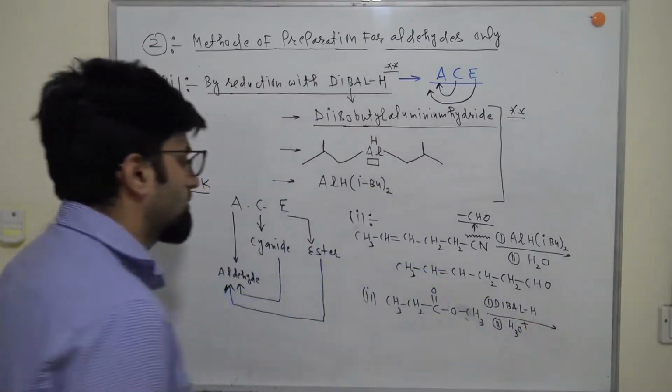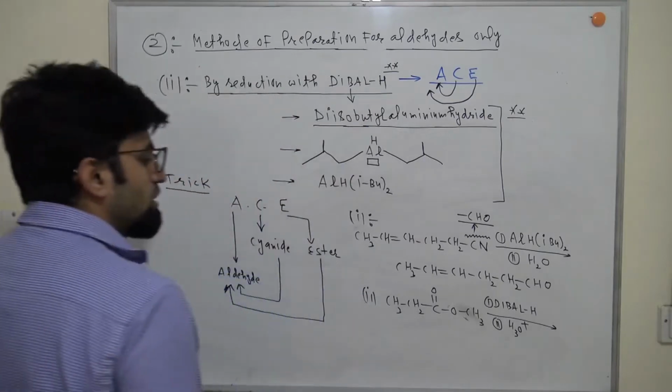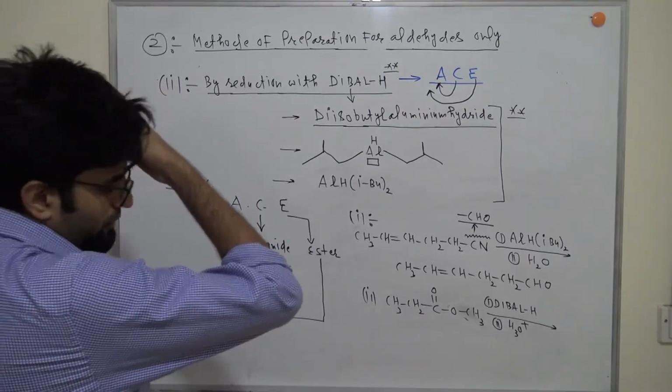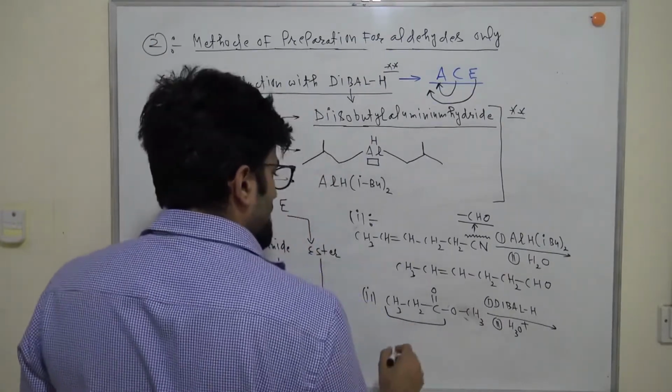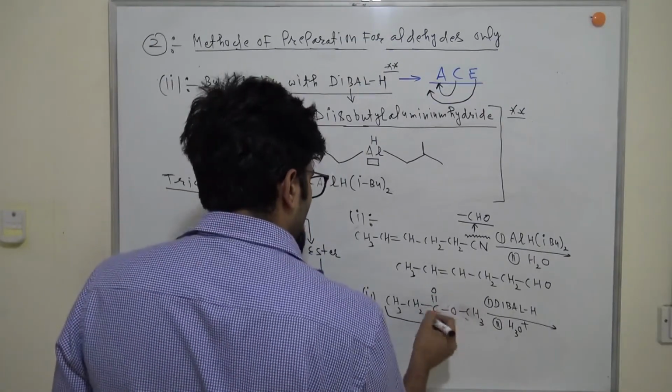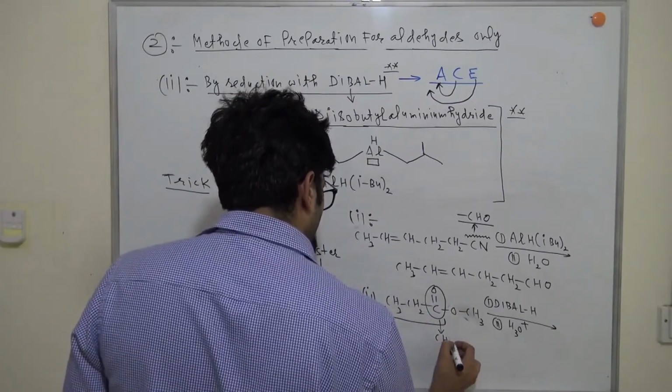This is an ester, RCOOR. So it also converts the ester group to aldehyde. This COO part will change into the CHO part.